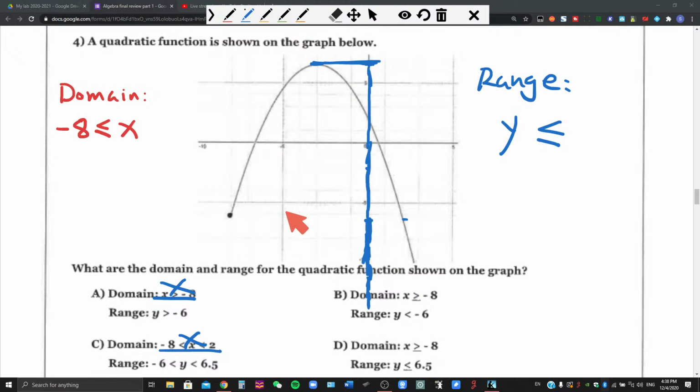This is 0, negative 6 should be around here. For D, it says y is less than or equal to 6.5. That will be positive. So if we pick B, that's a negative 6.